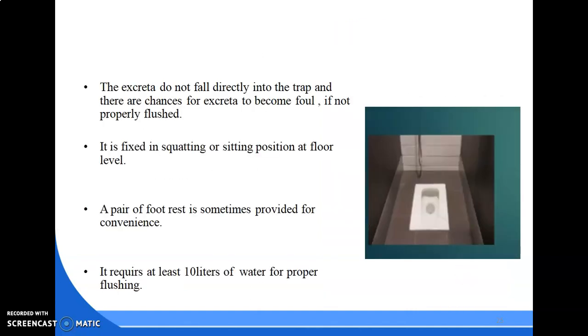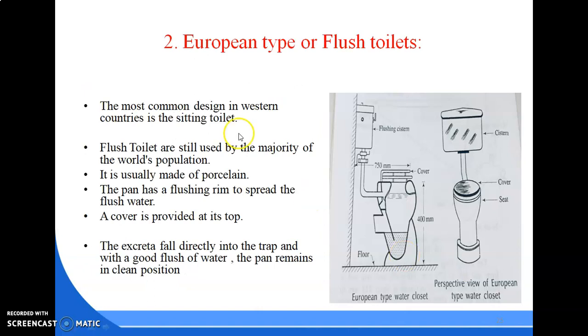So this much about the Indian type, and the second type of water closet is the European type or flush toilet. The most common design in Western countries is the sitting toilet, and flush toilets are still used by the majority of the world's population. This European type is usually made up of porcelain, and the pan has a flushing rim to spread the flush water. Also a cover is provided at its top.